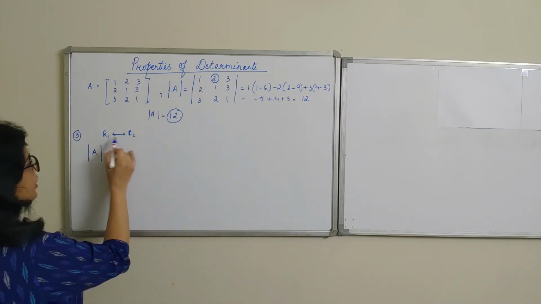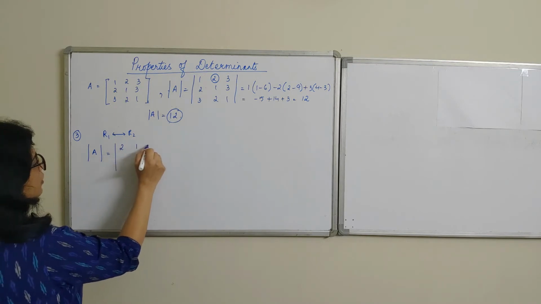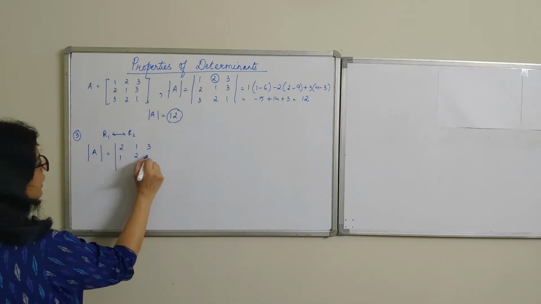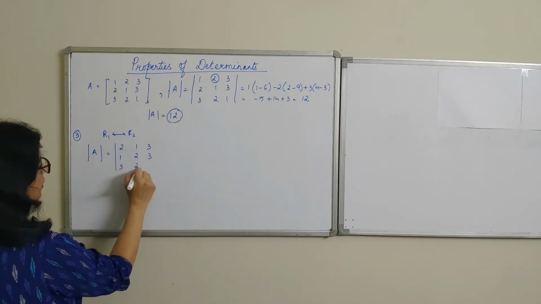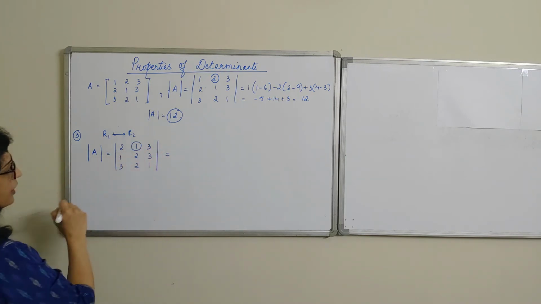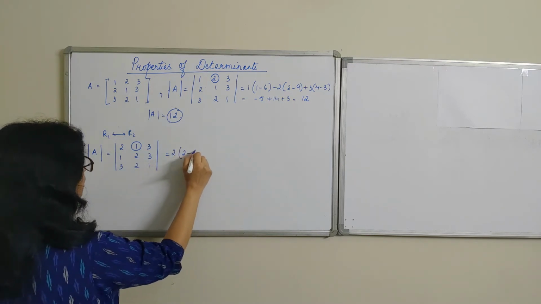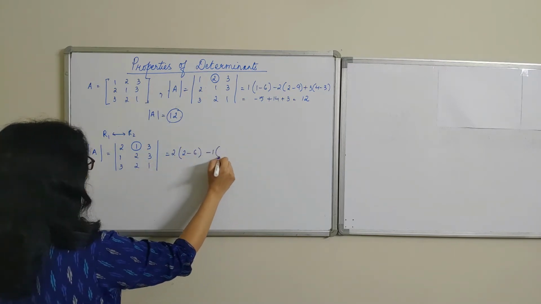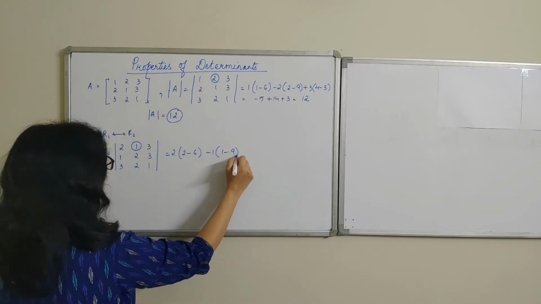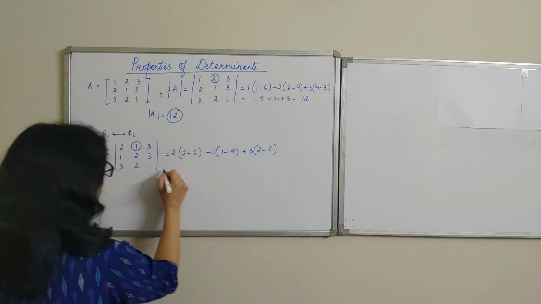So since we are interchanging first and second rows, so like this. Now let us find out the determinant again by expansion along the first row. So 2 into 2 minus 6 minus 1 into 1 minus 9 plus 3 into 2 minus 6.